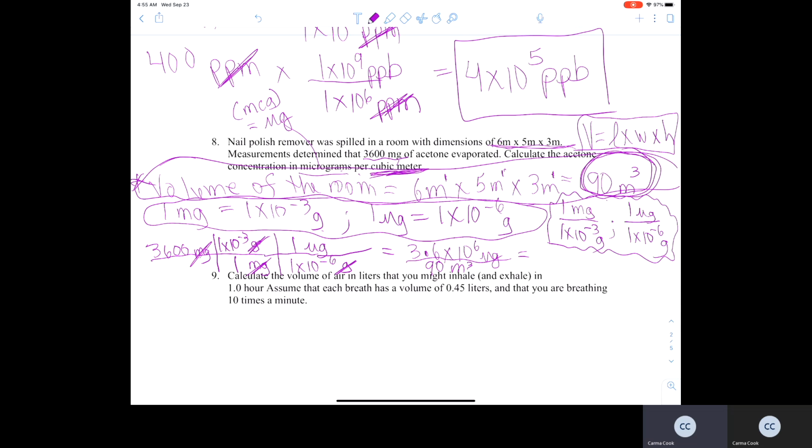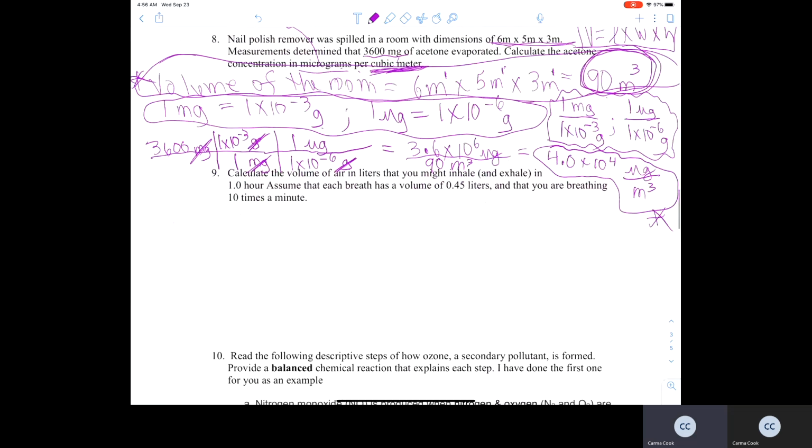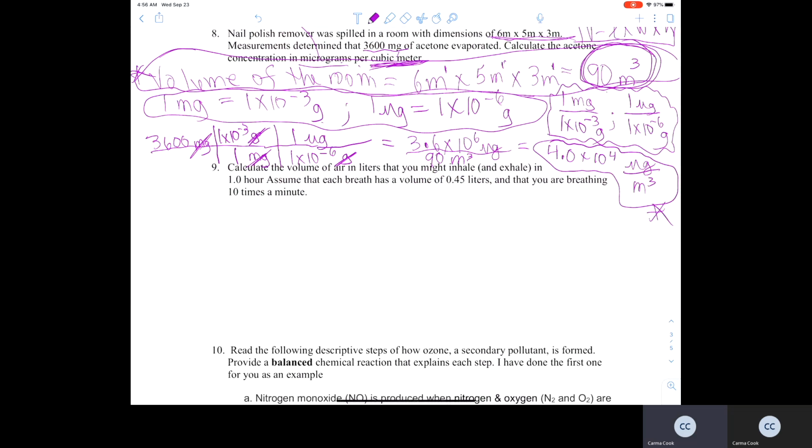And that gives us 4 times 10 to the 4th, and the units are micrograms per cubic meter. So that's the concentration of acetone in the room in units of micrograms per cubic meter.